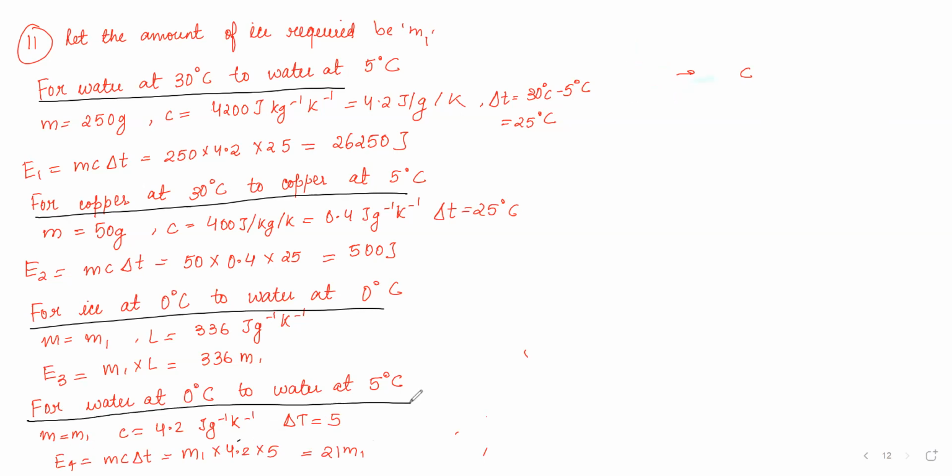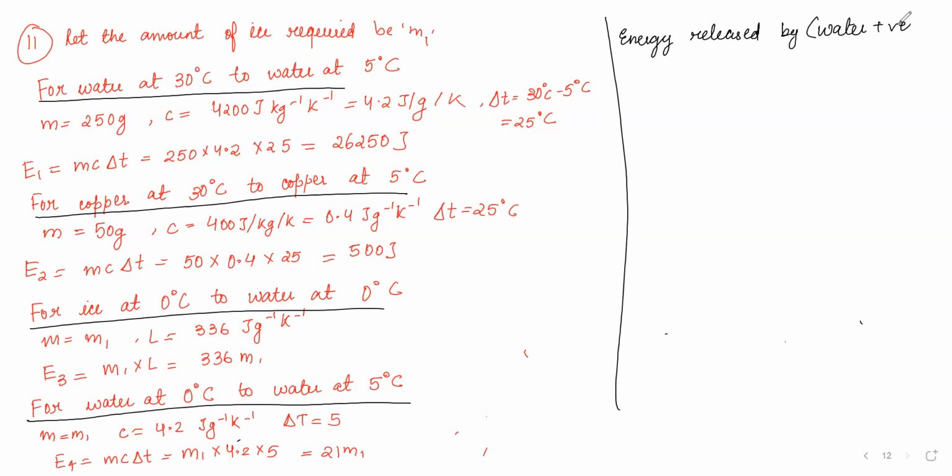Just underline this one as well. We'll just erase off the right hand side. Put a line over here. Write down energy released by water plus vessel is equal to energy gained by ice.